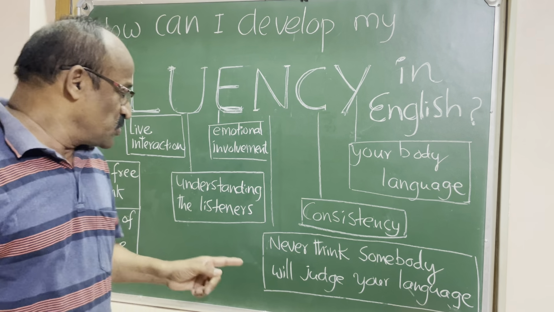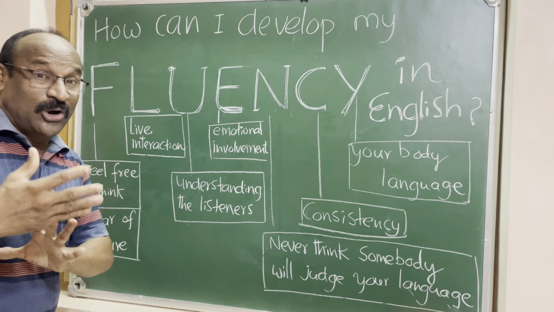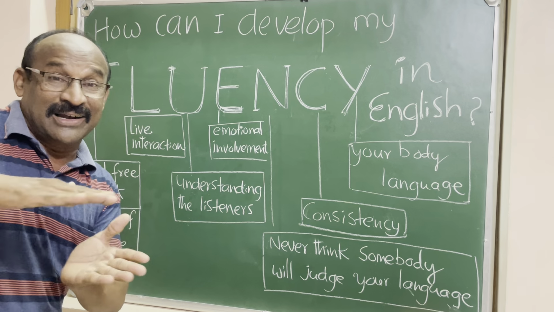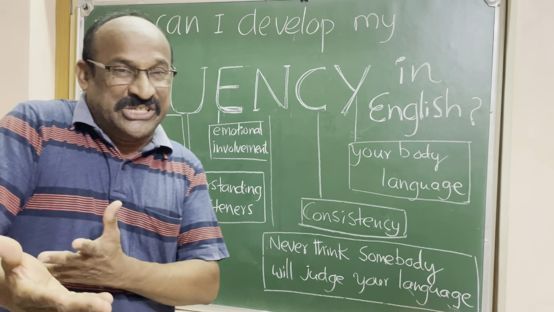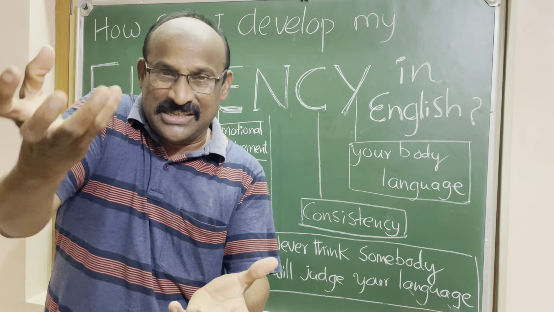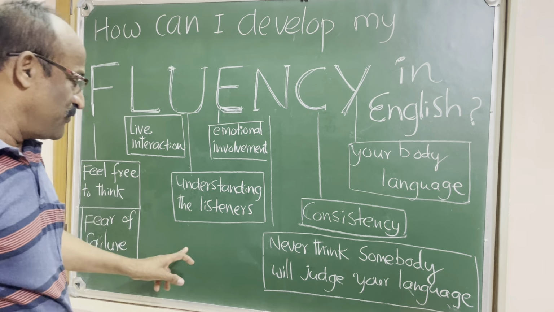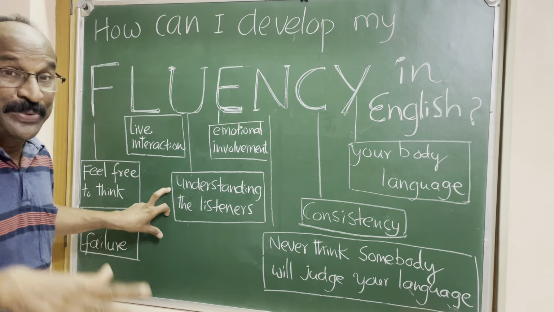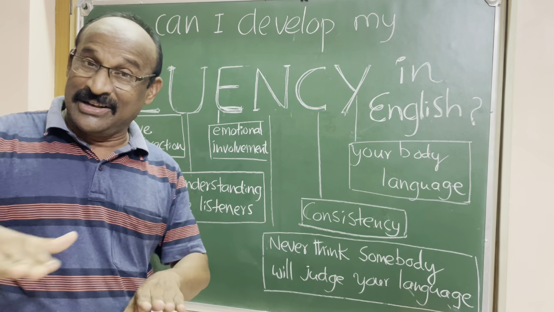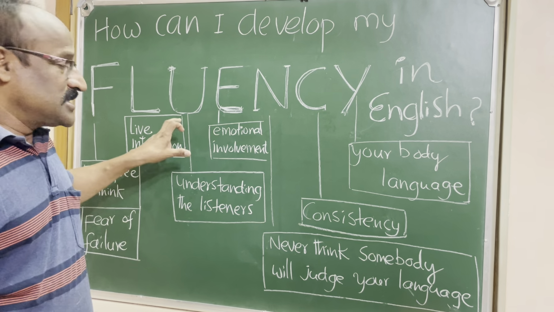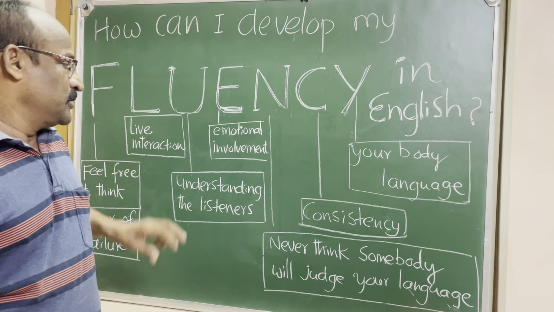If you don't know the level of the audience or listeners, you can't express, you can't reach, you can't catch their opinion. So first of all, I have to understand the listeners. Based on the listeners' level, you can try to talk in a lucid way.